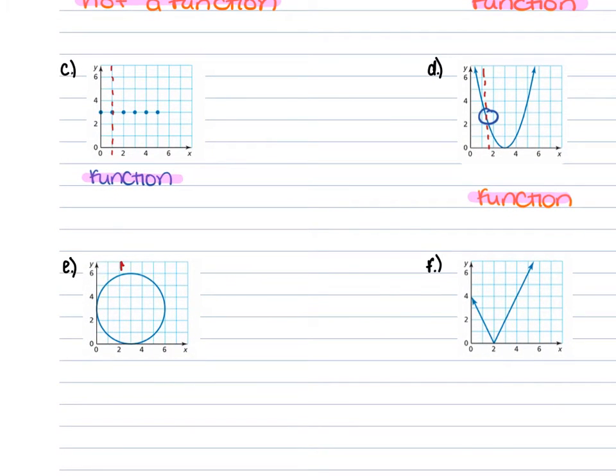So again, we can draw a vertical line through that circle. It intersects twice, so this one is not a function. For F, again, draw that vertical line. It only intersects once, so then this one is a function as well.